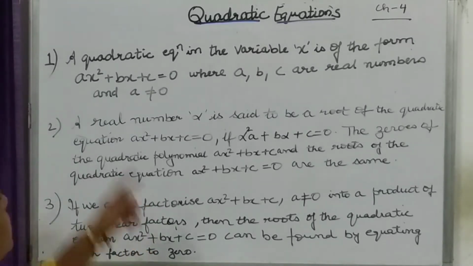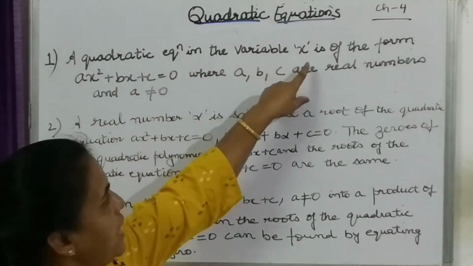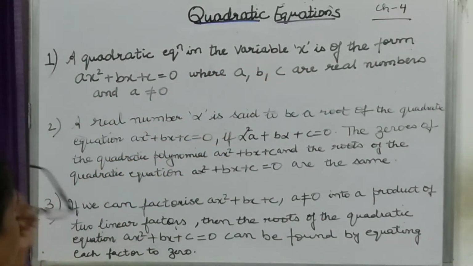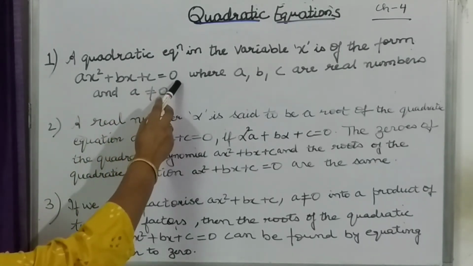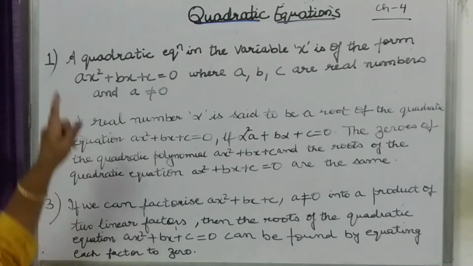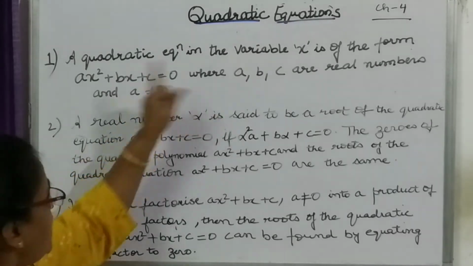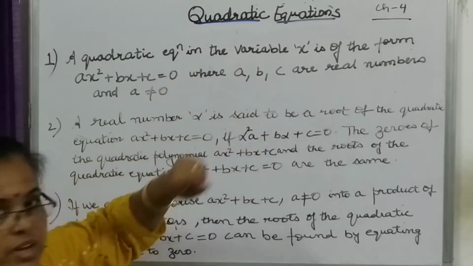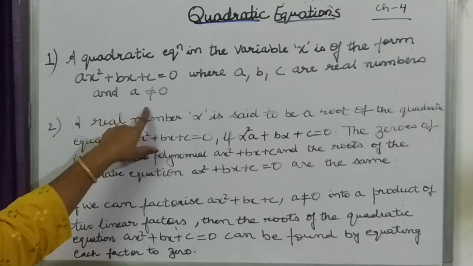A quadratic equation in the variable x is of the form ax square plus bx plus c is equal to 0. That means the general form of the quadratic equation is ax square plus bx plus c is equal to 0, where a, b and c are real numbers and a is not equal to 0.